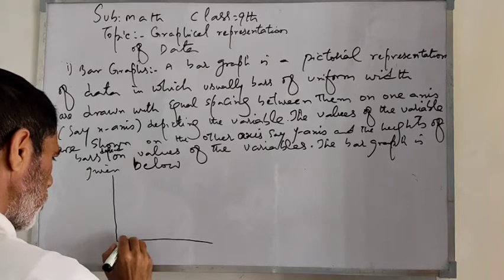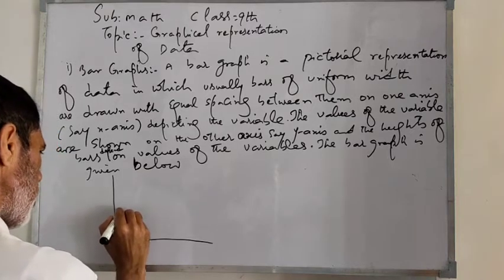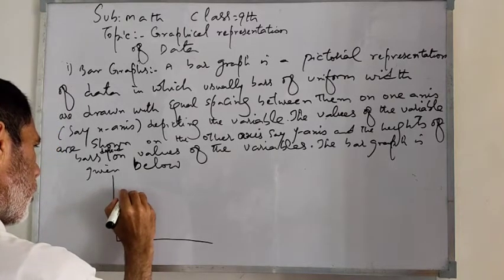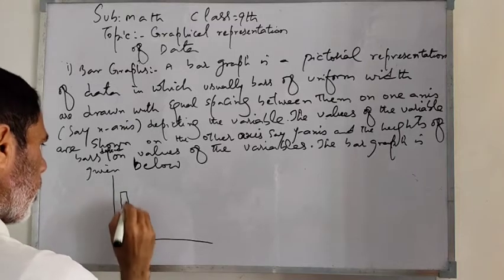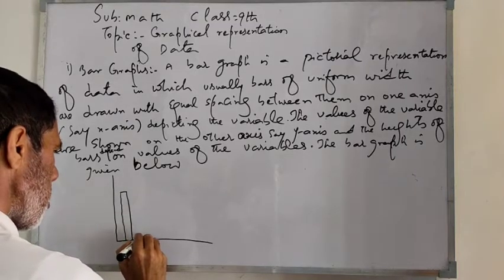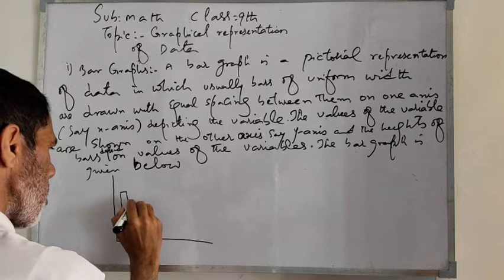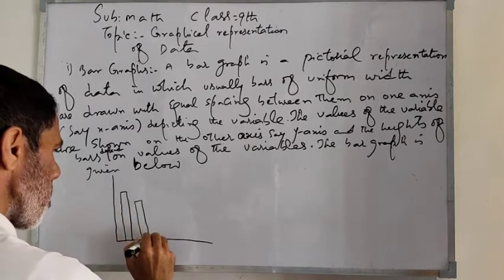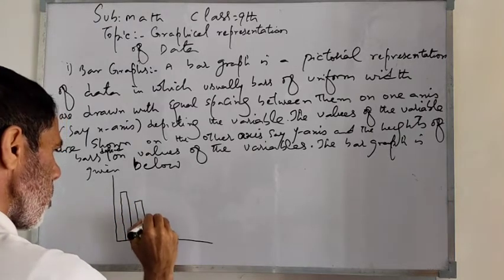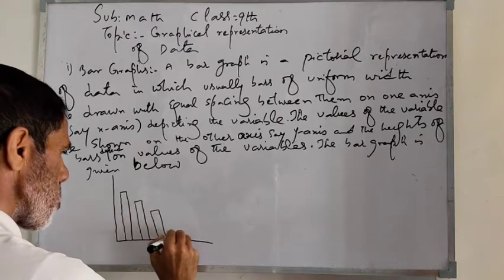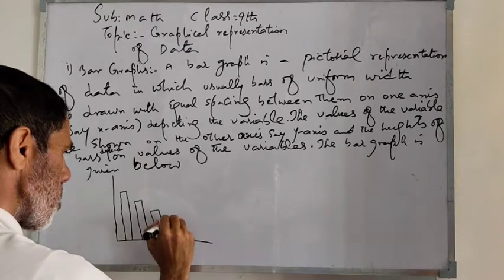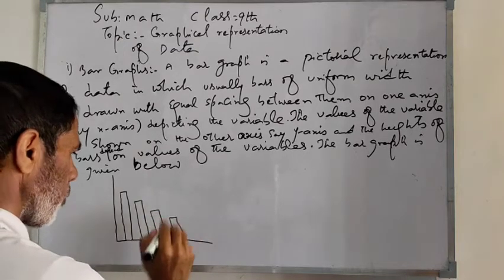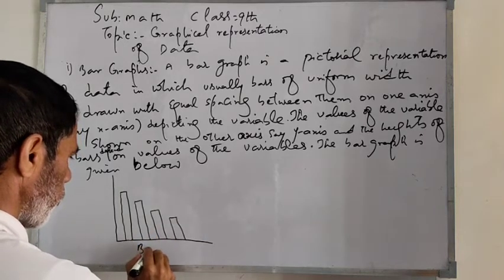From this axis with equal spacing, uniform rectangles are drawn. This is bar graph.